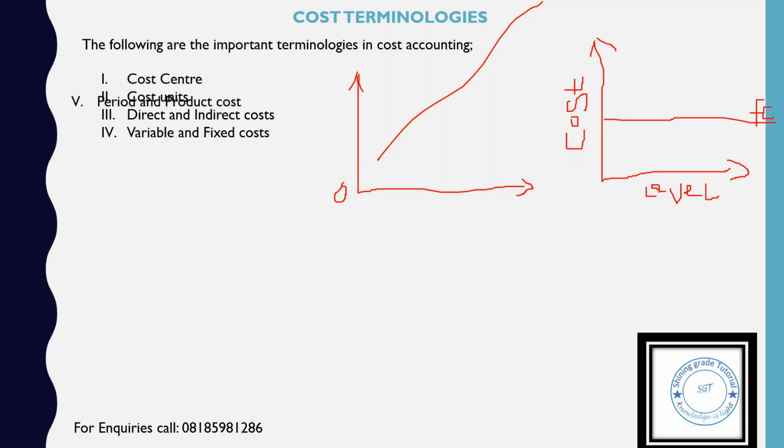Alright, so now let's move on to period cost and product cost. For period cost, these are costs that, no matter what, are charged to the period in which they are incurred. They are not in any way taken as part of the inventory.